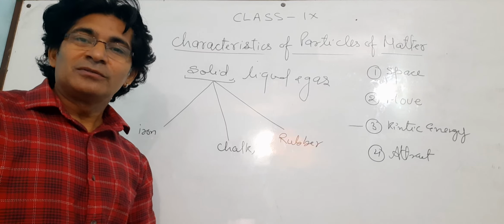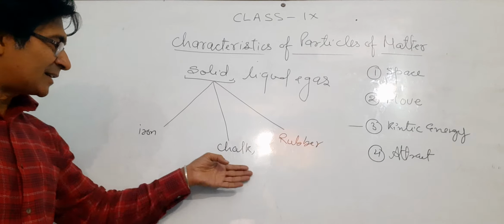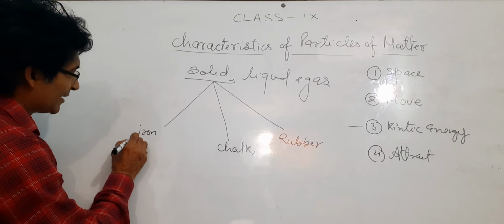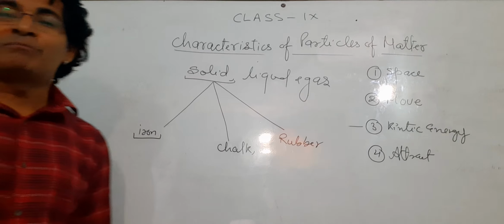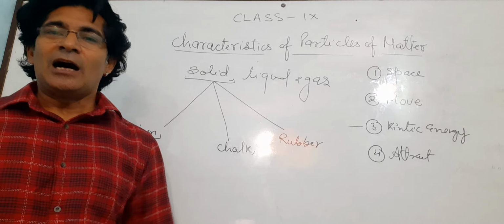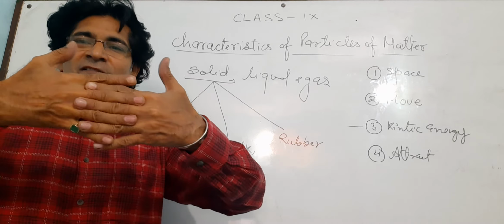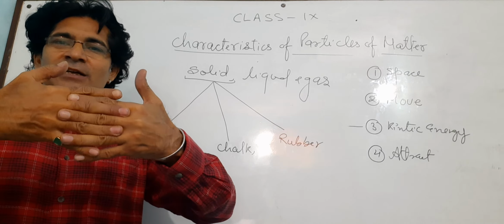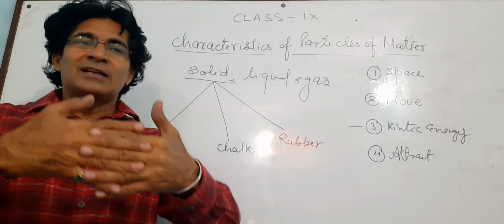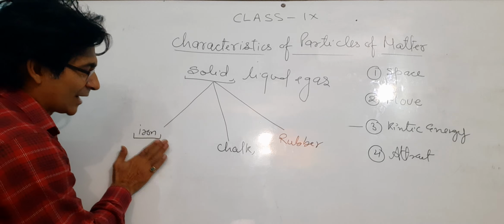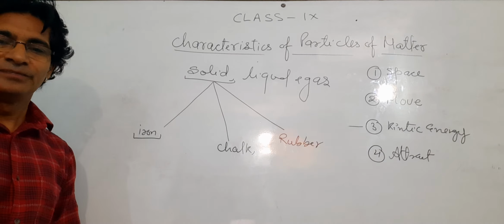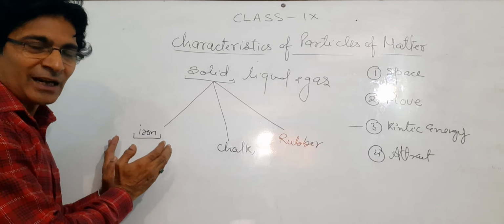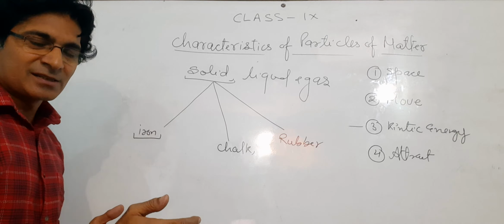Why is this so? Everyone doesn't have the same nature. Because we can say here that the particles of iron are bound together with maximum force. This shows that iron becomes hard. And this is also known as the force of attraction between the particles.